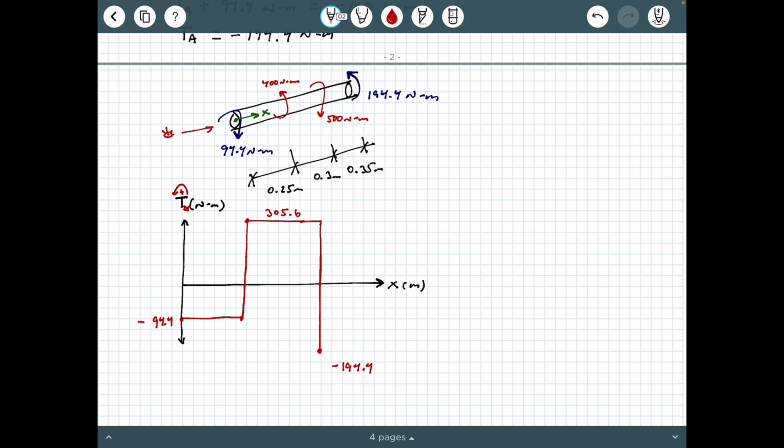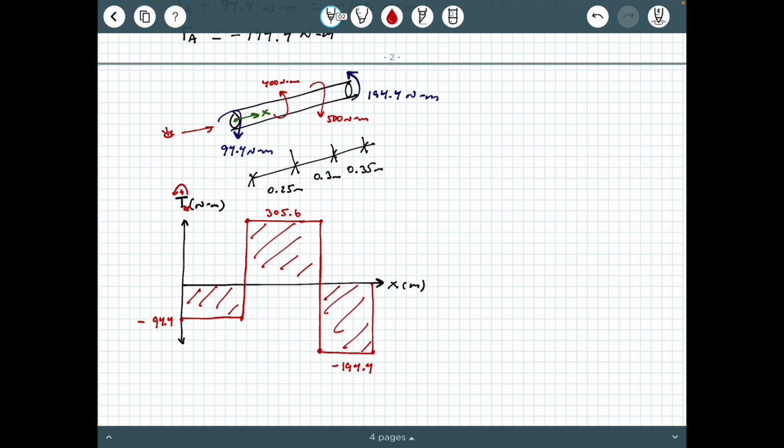And then we're going to stay constant for 0.35 meters. That's this 0.35 meters. And then we're going to jump back up 194.4 Newton meters because of this reaction here. So that's going to jump us up right here. And so this becomes the shape of our internal torque diagram.